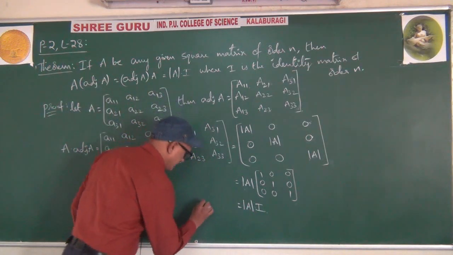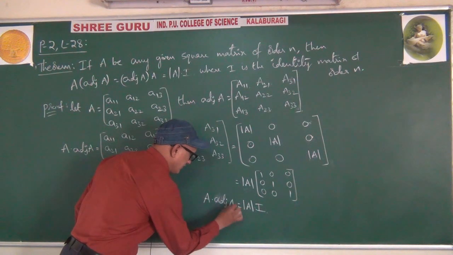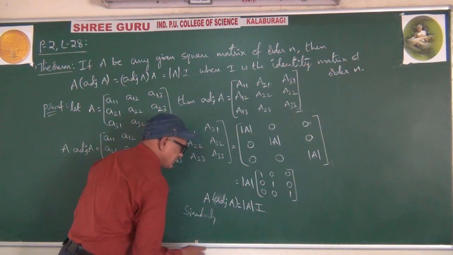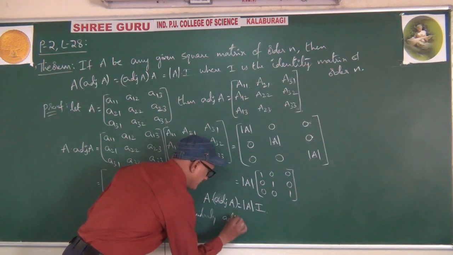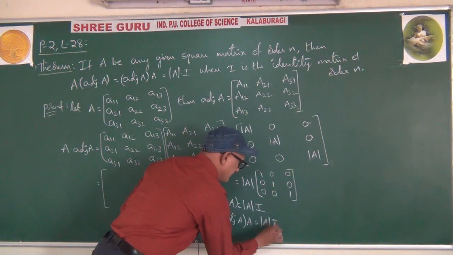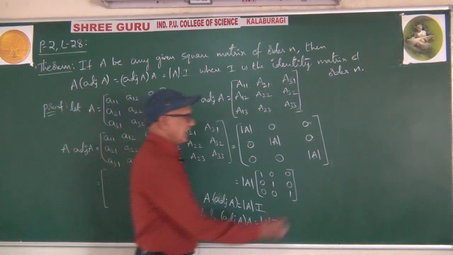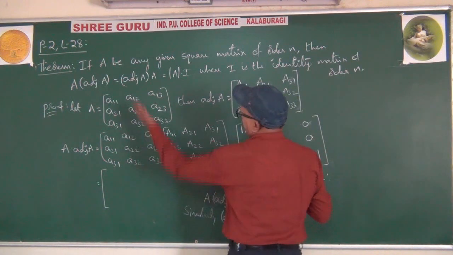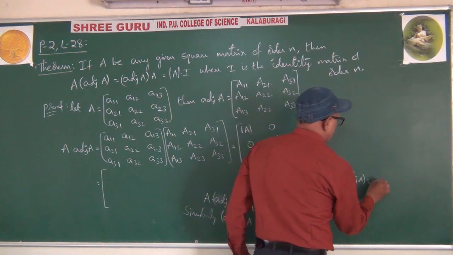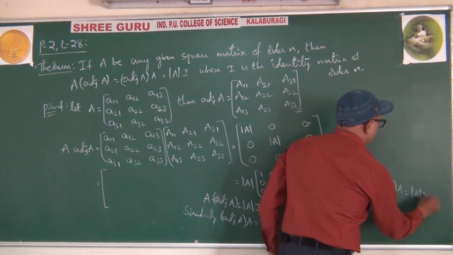So A into adjoint A, similarly adjoint A into A, equals delta A into I. Right? Therefore, the final step: A into adjoint A equals adjoint A into A equals determinant of A into I.